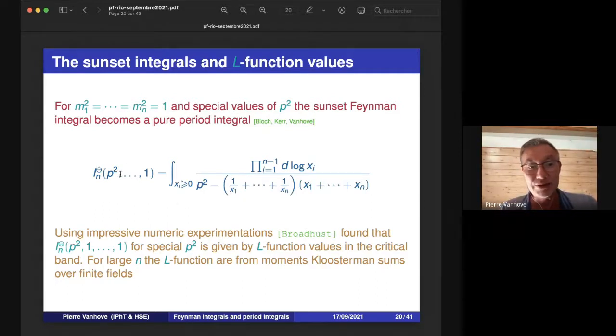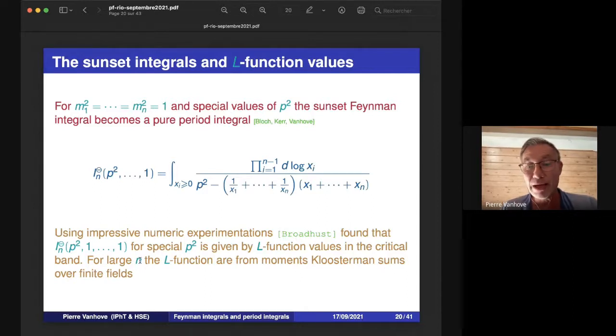So this quantity, as a function of p squared, is a pure period integral. And the interesting thing is that for special values of p squared, the Brothers numerically, by numerical experimentation, found that this integral, where all the parameters are 1, is given by L-function values in the critical band.